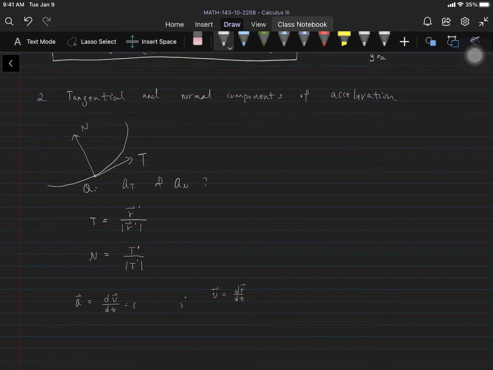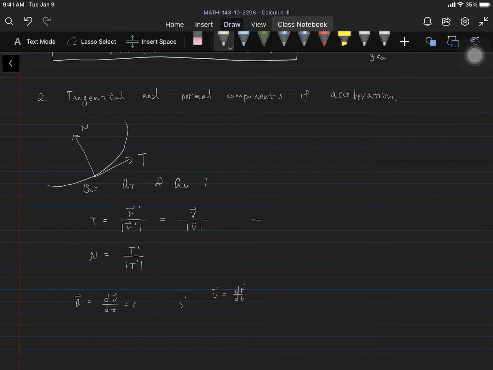So what is the vector v? We can also write it as v over the length of v. So it's just another way to write down the tangent vector, because r prime is v.